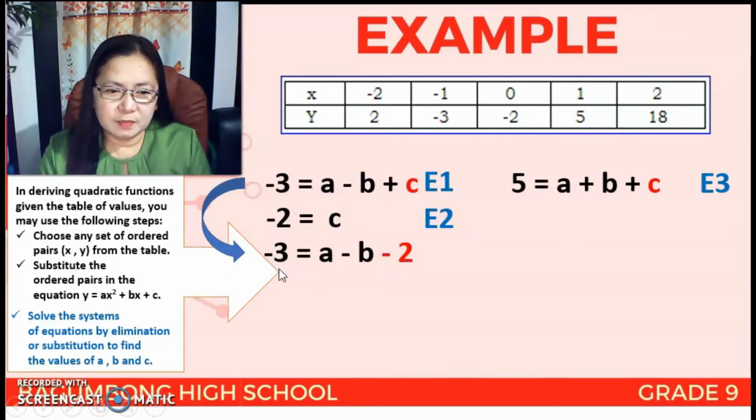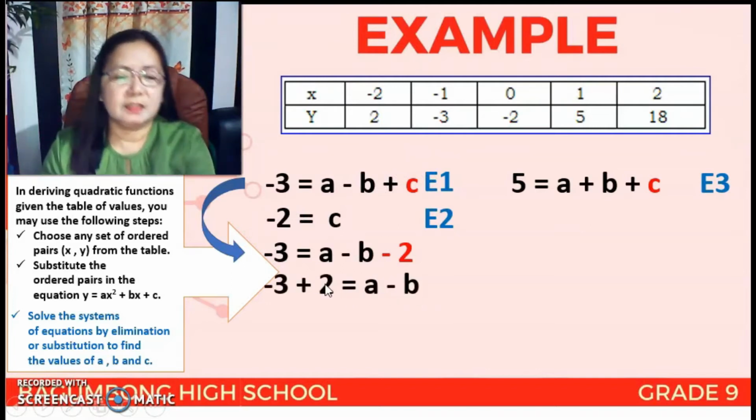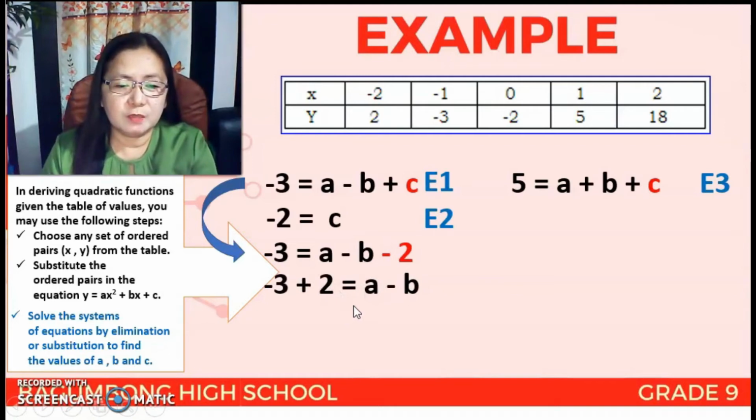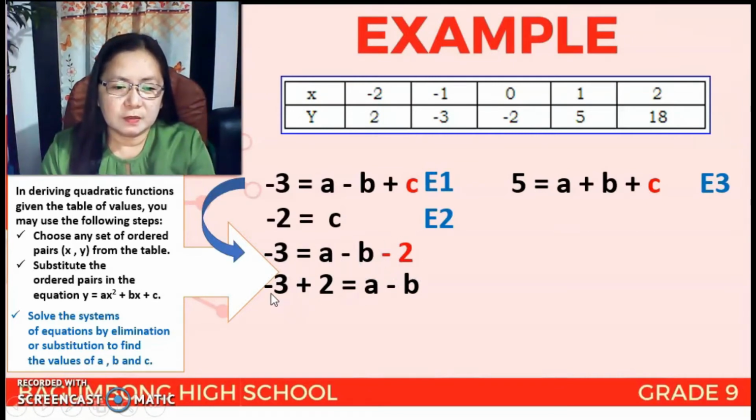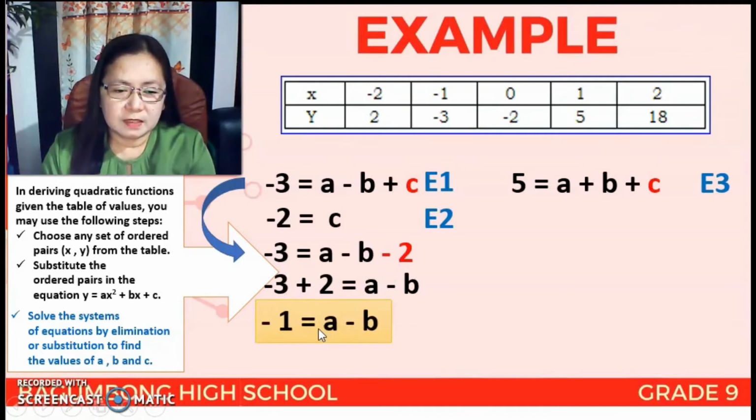So this is negative 3 is equal to a minus b, for positive c we have negative 2. Simplify, negative 3 plus 2 is equal to a minus b. We use the addition property of equality. We add positive 2 to both sides of the equation to make negative 2 equal to 0. So negative 3 plus 2 is equal to negative 1 is equal to a minus b. So this will be our equation 4.